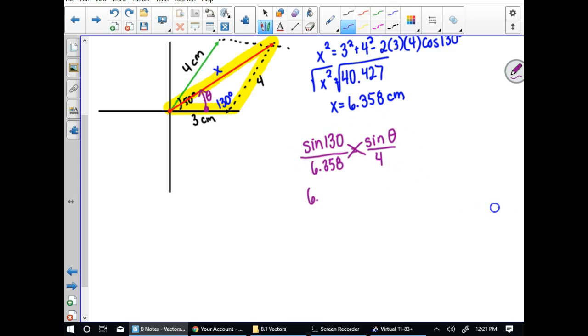So we get 6.358 sine theta equals 4 sine 130 and divide by 6.358.